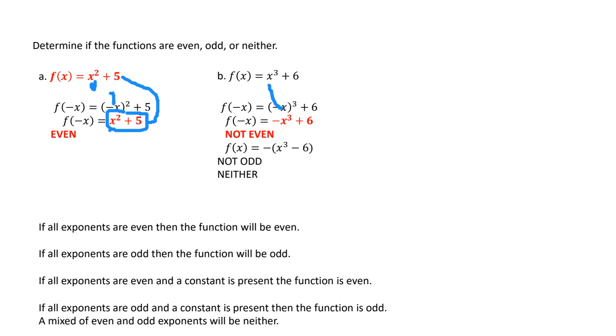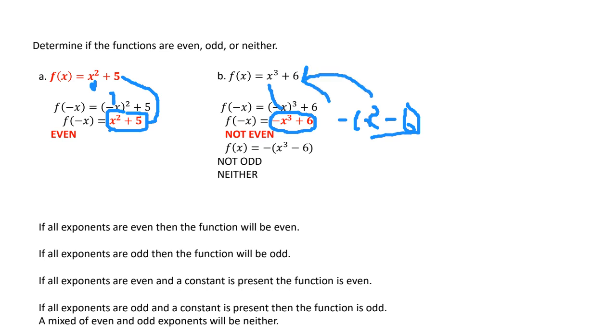And if I try to factor out a negative, it's going to give us x cubed minus 6. You see, guys, this is not the original. So it's not going to be even nor odd.